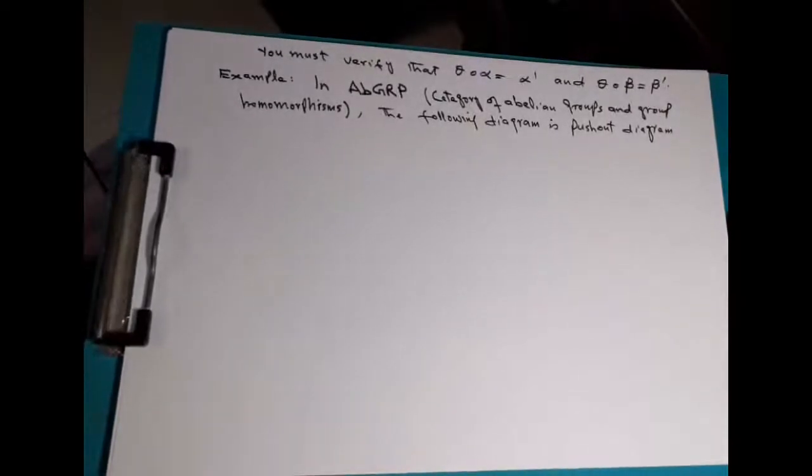So since we are considering the category of abelian groups, the trivial group is denoted by 0. In general we denote it by E, but in abelian groups the identity element is denoted by 0.